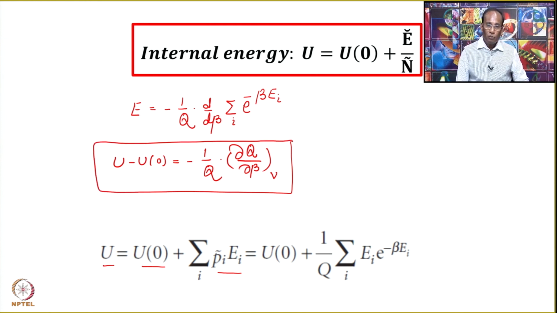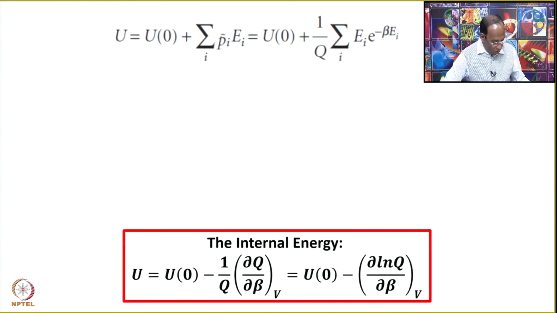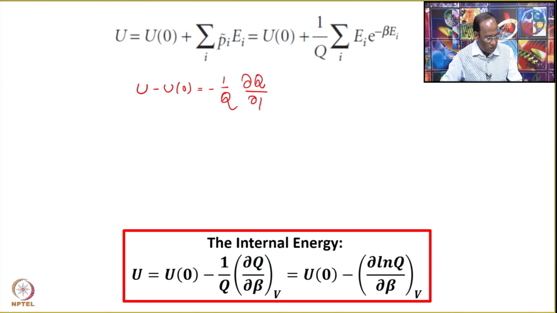U minus U0 is equal to minus 1 by Q del Q by del beta at constant volume. This is for the canonical ensemble. So once again, using U is equal to U0 plus summation of pi and so on, we have this expression: U minus U0 is equal to minus 1 by Q del Q by del beta at constant volume.